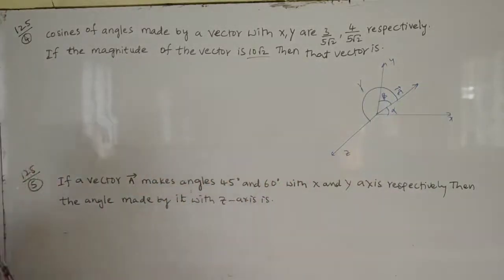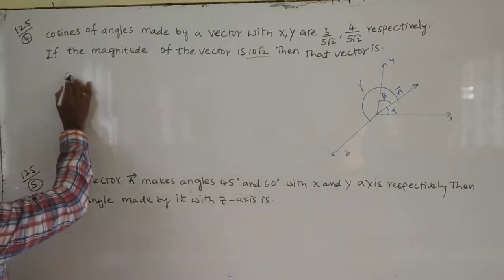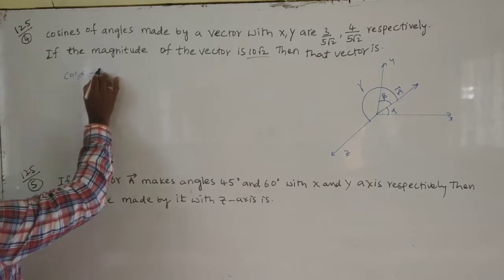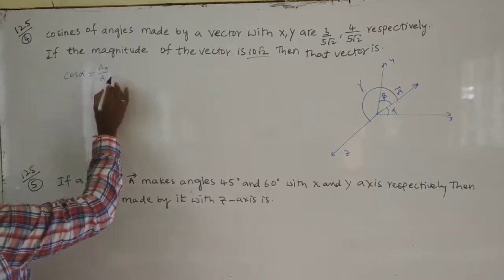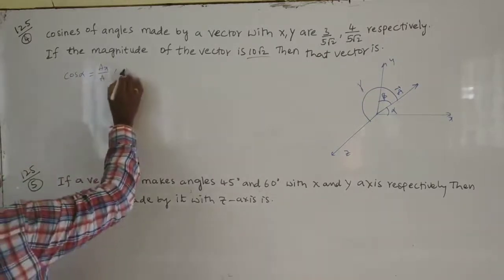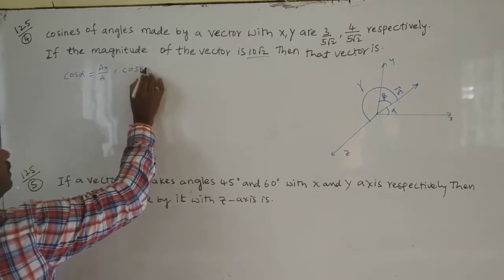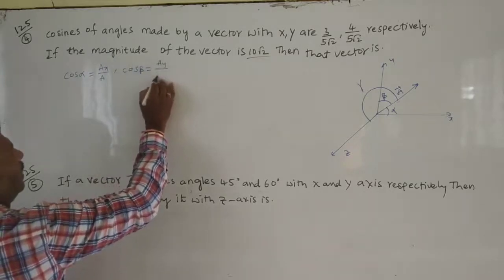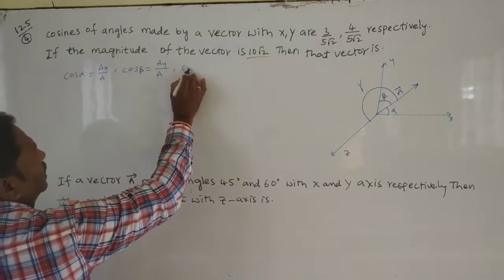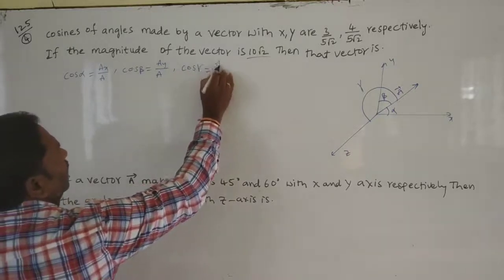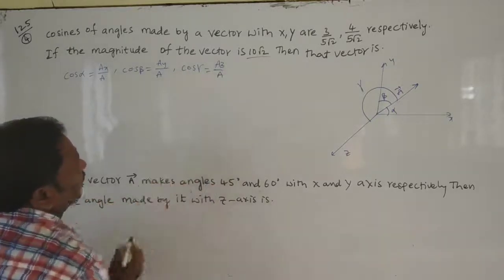Now what are the direction cosines? Cos alpha equals ax by modulus of a, cos beta equals ay by modulus of a, and cos gamma equals az by modulus of a.